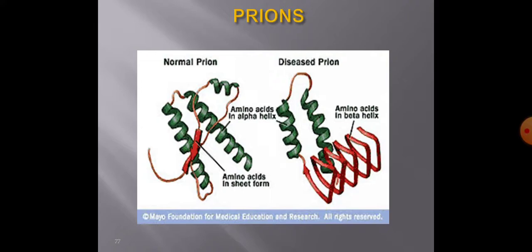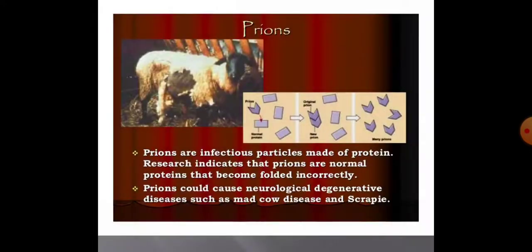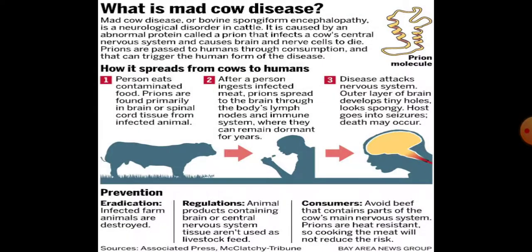So prions are basically the result of some mutations in the normal protein code, and so misfolding has resulted in the development of prions. Prions cause different diseases, like mad cow disease in cattle.